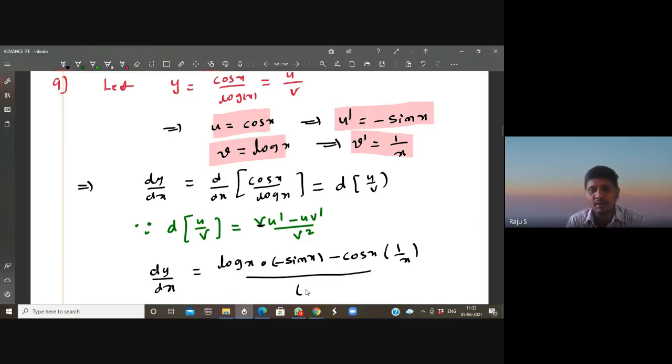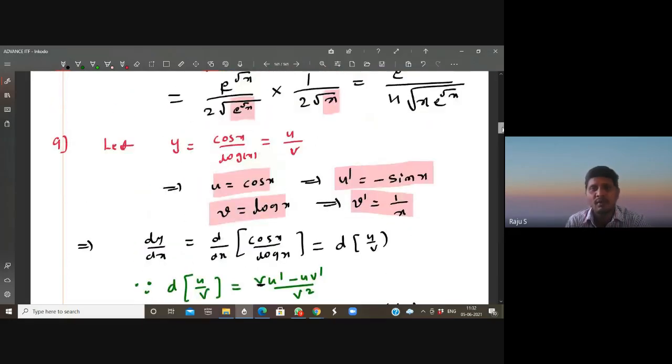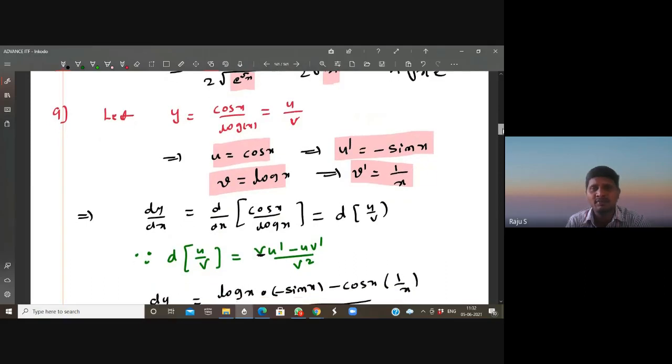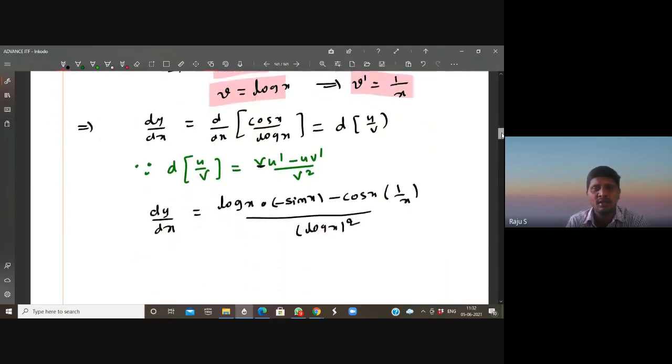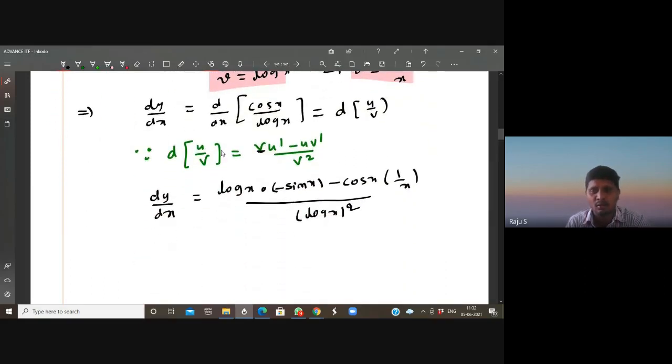What is v square? Log x, the whole square. See what I have done here: I compared with u by v, found u dash and v dash, then applied the quotient rule.